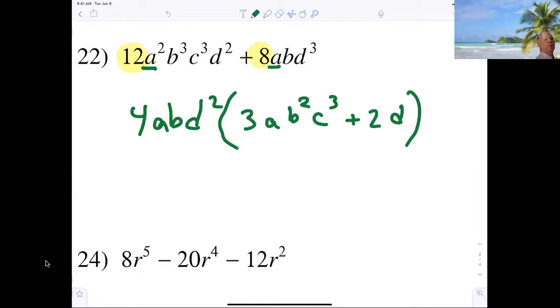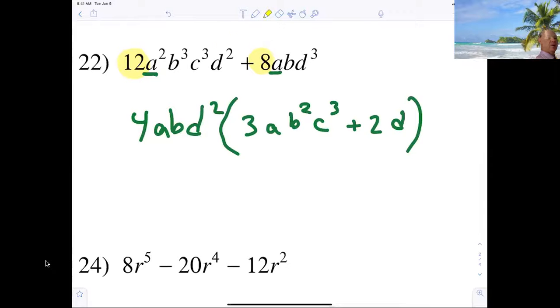Where did the square on the d in the first... How many d's here? How many here? How many can you take out? Right? You agree?